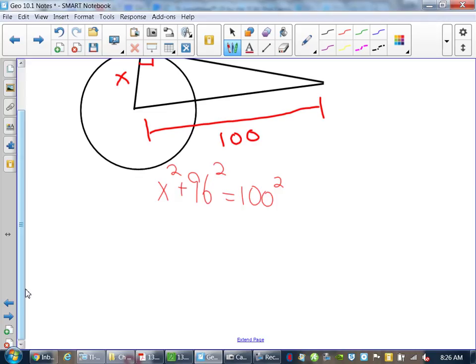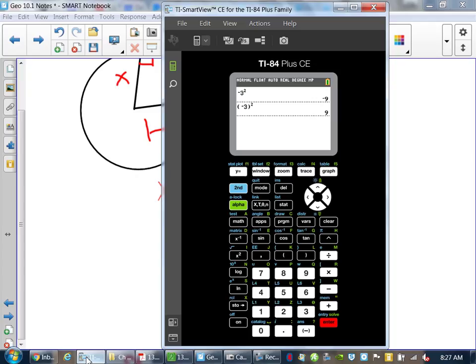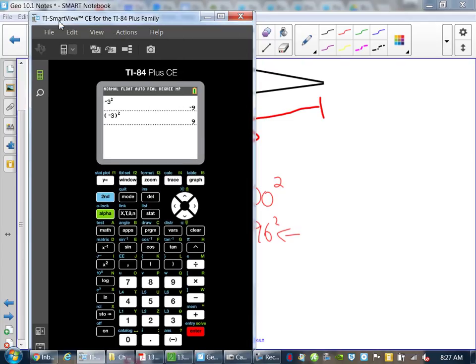Have you gotten to the point where you can just write x squared is going to equal 100 squared minus 96 squared and then just type this into your calculator? Can you guys do that yet? So if I do that, I have 100 squared minus 96 squared, and I hit enter. That number equals x squared.